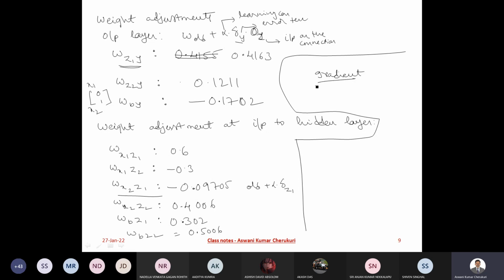So the point is, whenever we are trying to learn, whenever we are going for the next iteration, what is our objective?